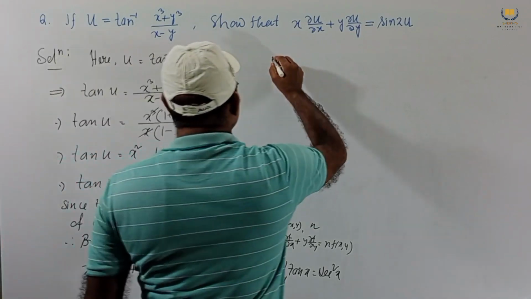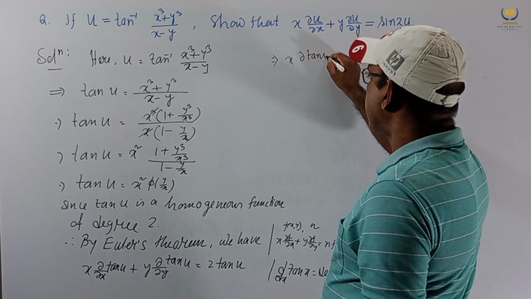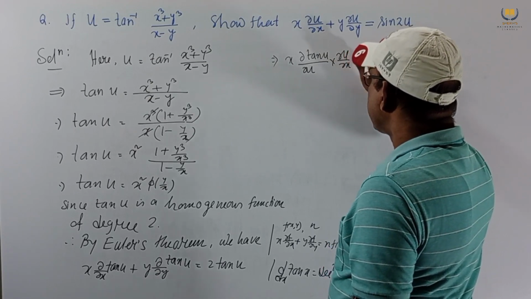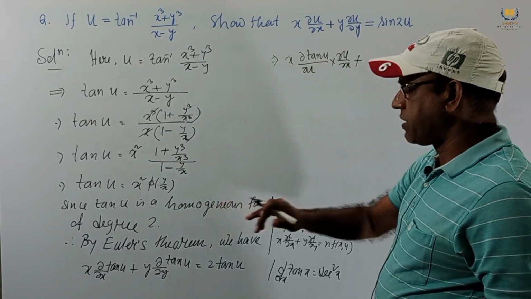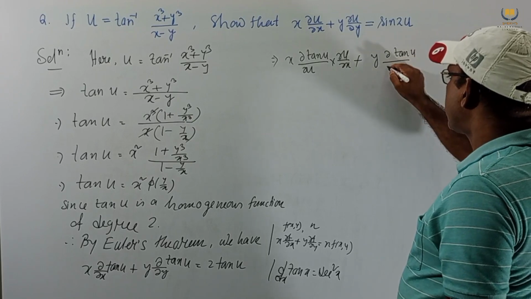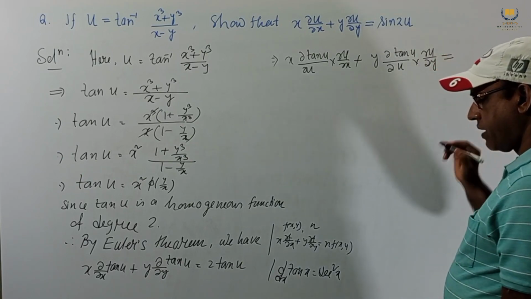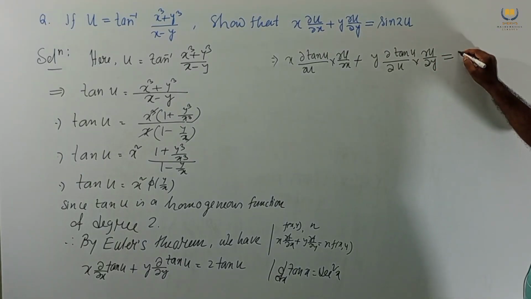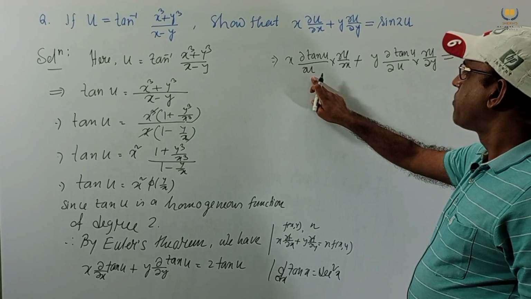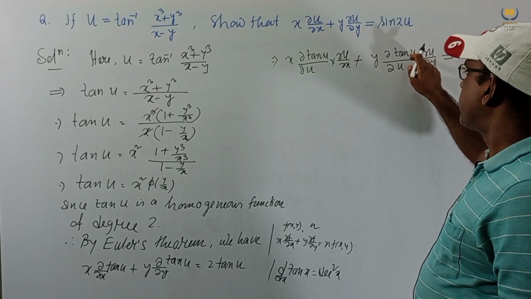So using the chain rule, x del tan u del u into del u del x, and so on, ultimately we get this. And here also y del tan u del y equals 2 into tan u. Now the u is the same in both, tan u.